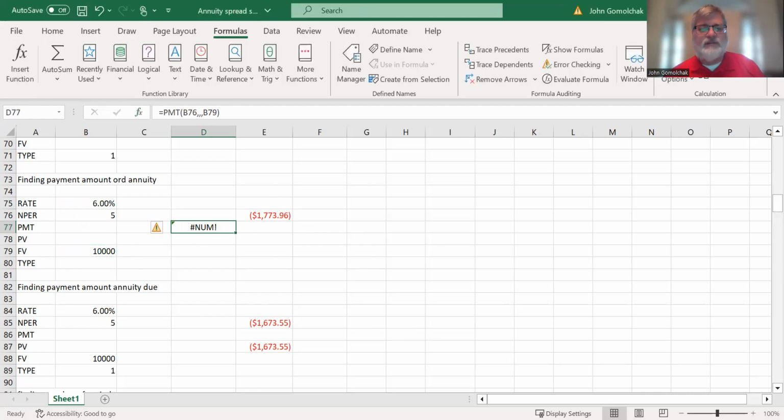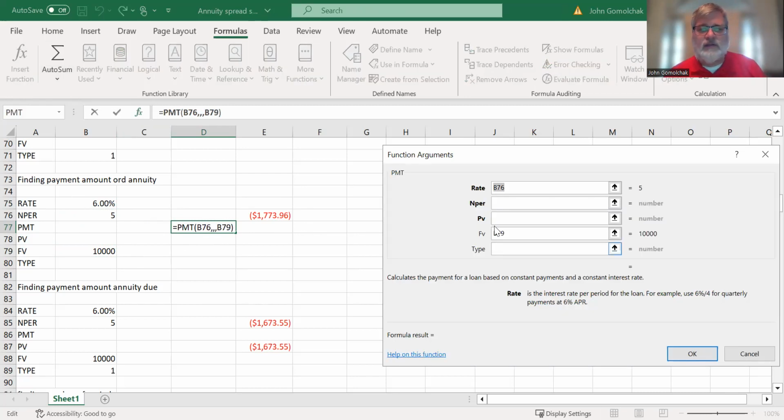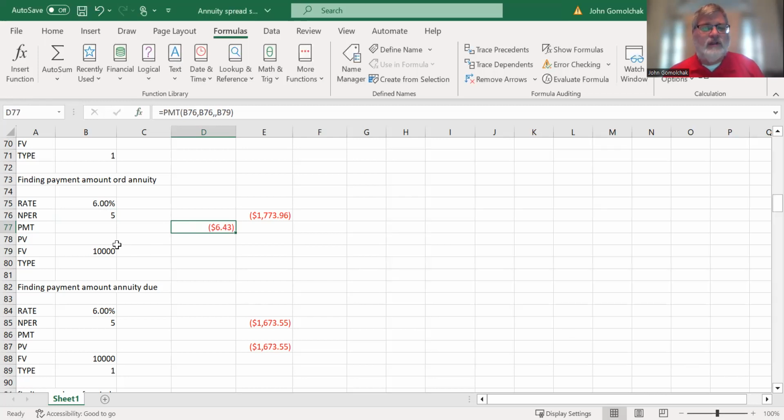And if I hit this, nope, something went wrong. Let's see. What did I do wrong? I didn't hit the number of periods properly. Okay, now doing that. That's not right. Let's see if I set this to 10, my negative. Let's see. I did it earlier before, right? So B75 is the rate. B76 is the number of periods. B78 is 0.